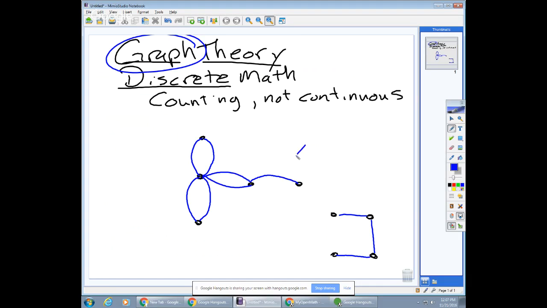Blue. The blue things are formally known as edges. So you'll see the word edge a lot in the reading. And the points are formally known as vertices. Vertex is singular and vertices is plural.